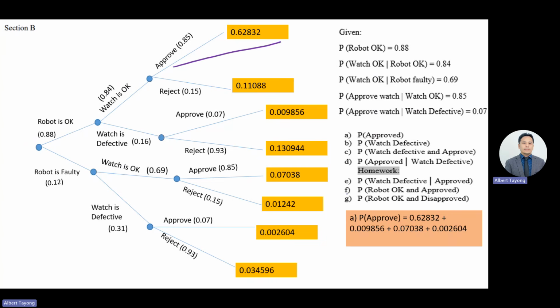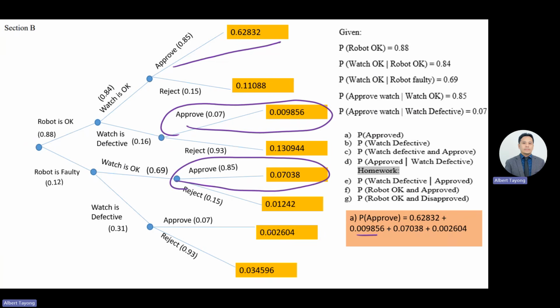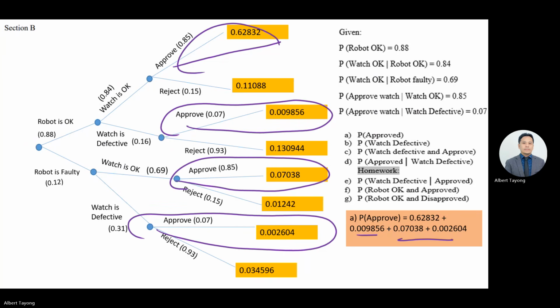The second one is this, and this, and the last one is this. Adding all 4 values, that is 0.71116. Multiply this by 100, the answer is 71.116%. That is approved.